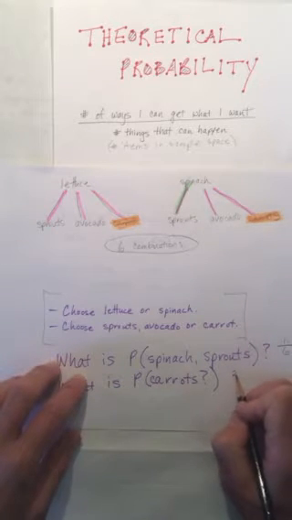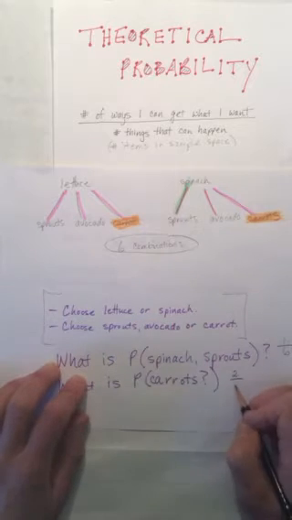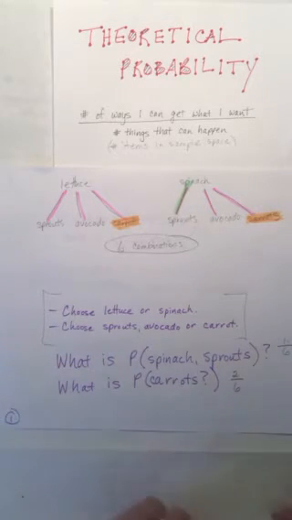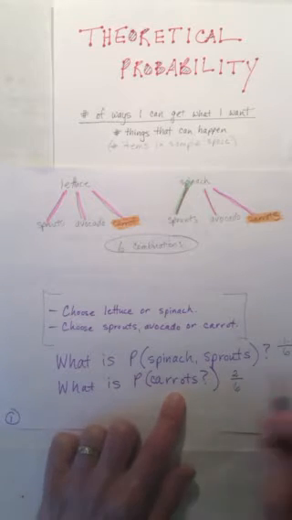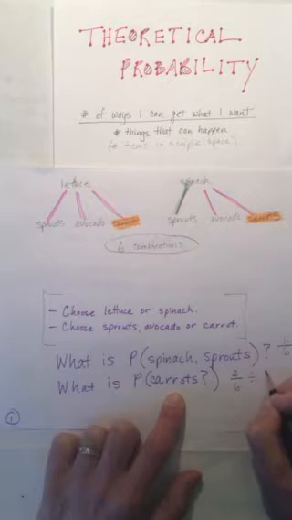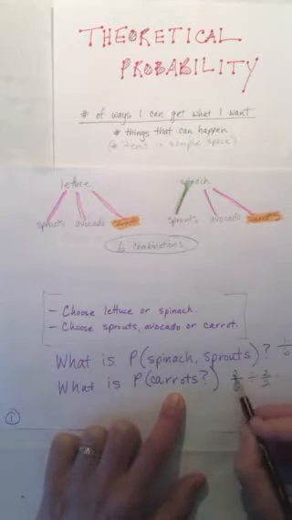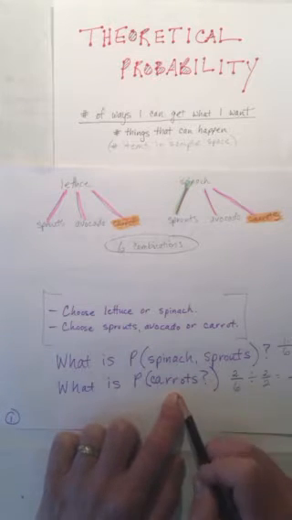So there are 2 ways to get what I want out of the total of 6 combinations. So the probability of getting carrots is 2 out of 6. And we can simplify this fraction by dividing top and bottom by 2. 2 divided by 2 is 1, and 6 divided by 2 is 3. So the probability that we get carrots is 1 out of 3.